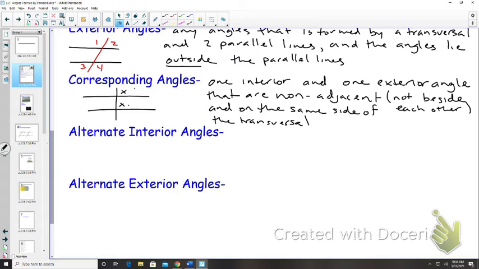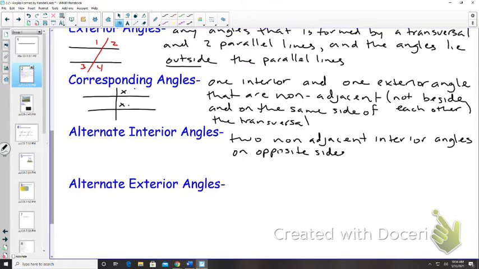Okay, alternate interior angles. So these are two non-adjacent interior angles on opposite sides of the transversal.